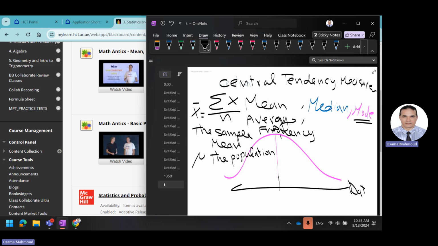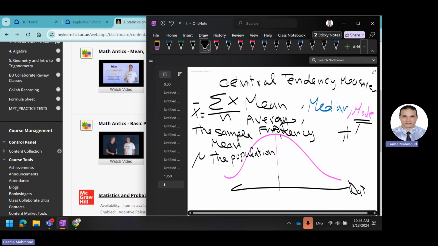Anything with a number that is counted is quantitative. Don't think of anything with a number as quantitative: a mobile number is qualitative, because you cannot do any math operation. You cannot add one mobile number to another. Now, the mode is the only one valid for quantitative and qualitative data.